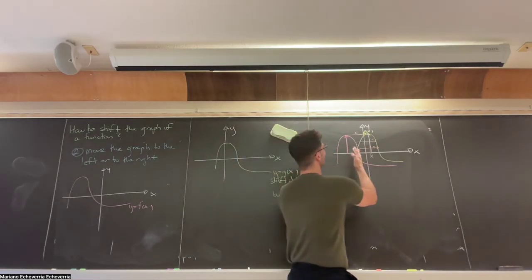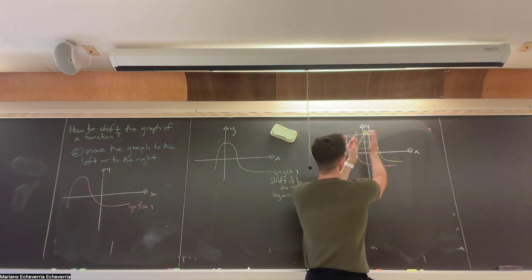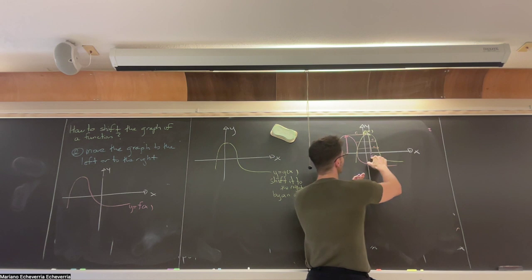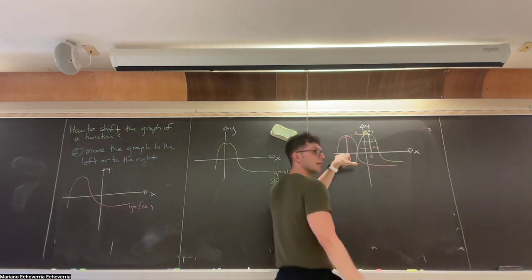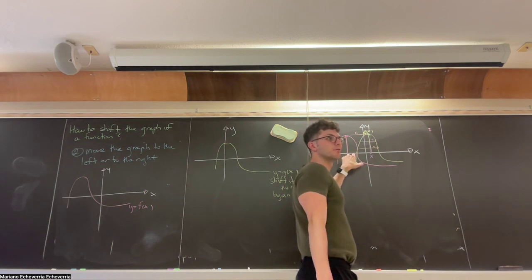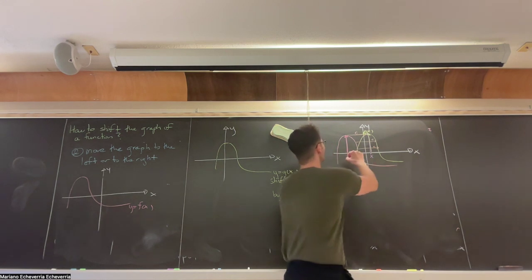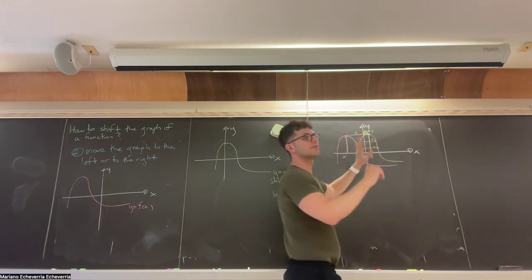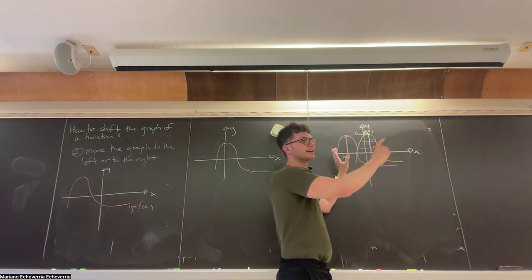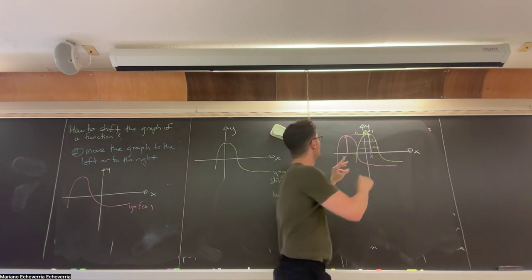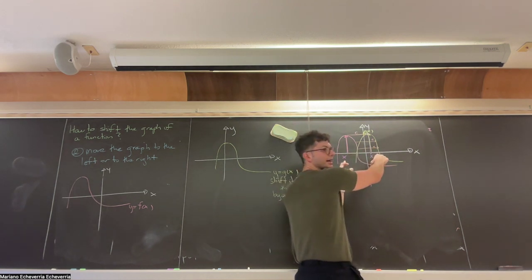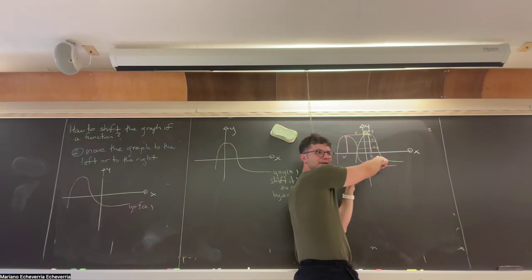I took everything and moved it to the right by c. So if I'm calling x this point, what is the point it came from? I don't know if the question is even making sense. What should I put here that would give me x on this side?